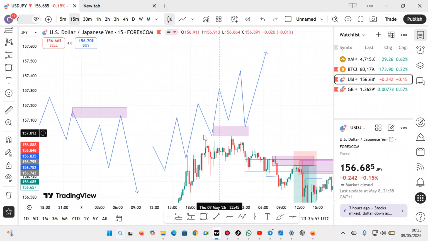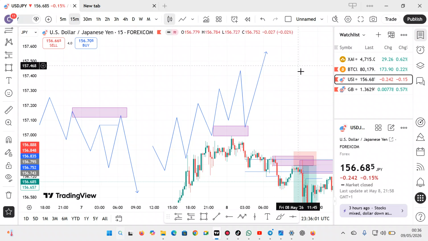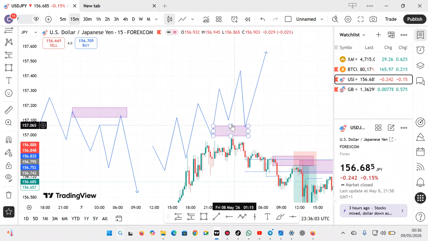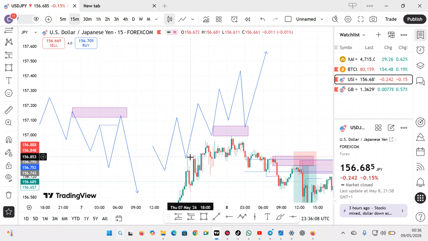If you notice what happened here, the market has been breaking structure to the upside, breaking structure to the upside. This first pullback, every pullback is a liquidity to the next, right? This pullback is a liquidity to this one, this pullback is a liquidity to this one, this pullback is a liquidity to this one.